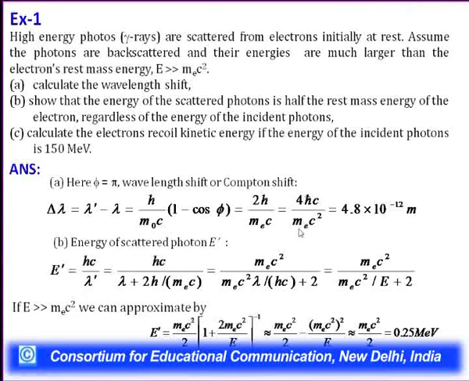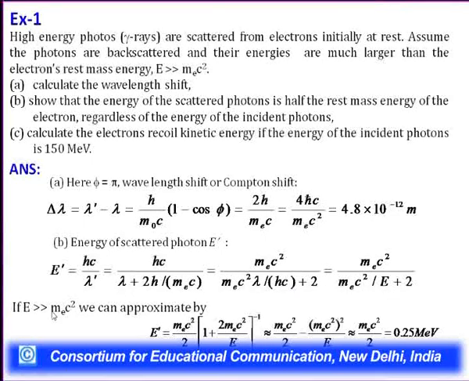The mass of an electron, the speed of light, and h bar, the Planck's constant, are given. The energy of the scattered photon E dash is calculated by this formula. E dash is equal to hc by lambda dash, where lambda dash is equal to lambda plus 2h by m_e c. Then we can write it as m_e c squared divided by (m_e c squared lambda by hc plus 2), and this becomes m_e c squared by (m_e c squared by E plus 2).